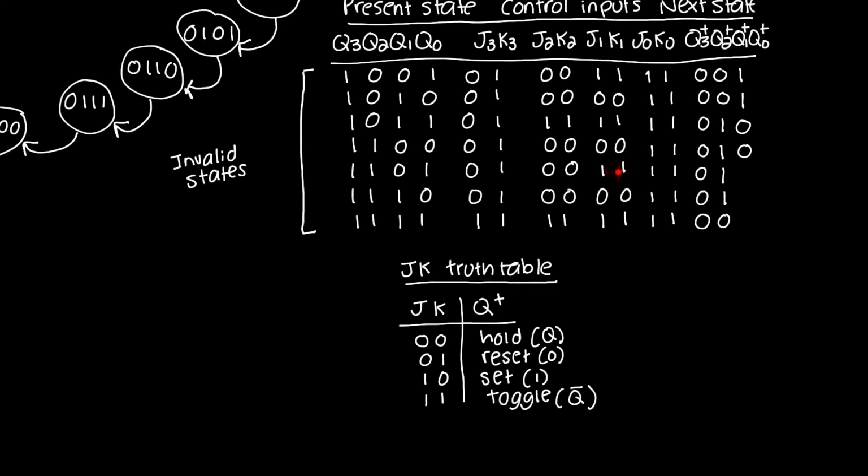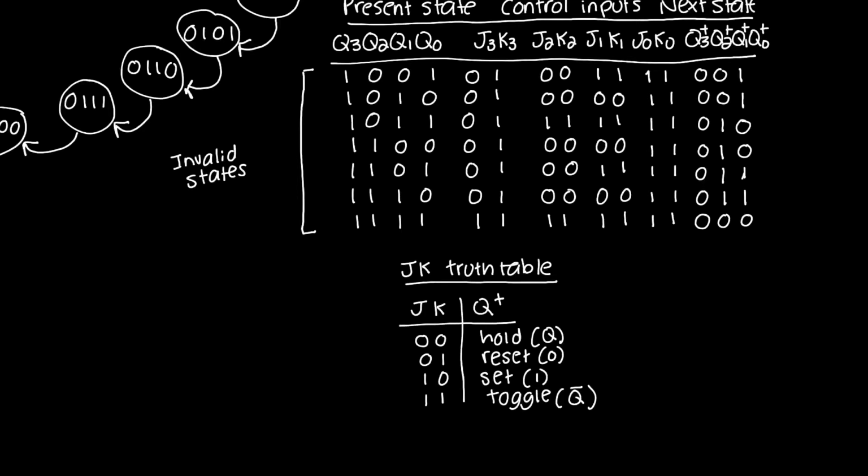I'm back to toggle. I've got a 0. That's going to give me a 1. Over here, I'm in the hold condition. I've got a 1. I'm going to hold that 1. What about over here? I'm in the toggle condition. I've got a 1. I'm going to toggle that 1 to a 0.